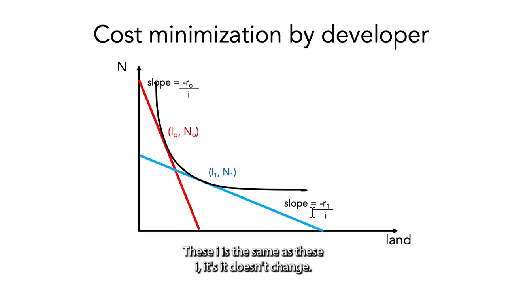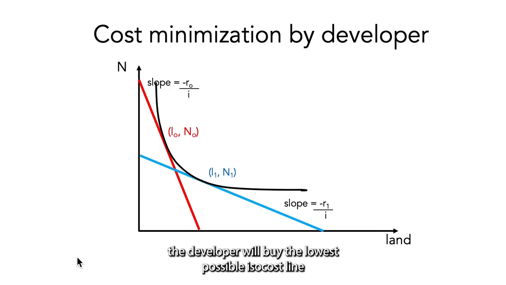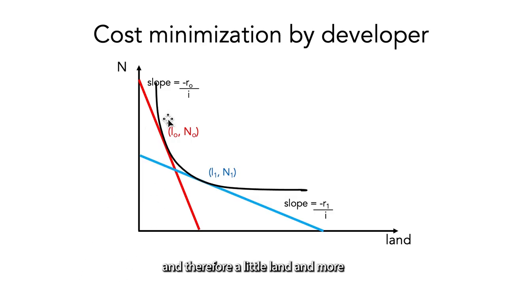This I is the same as this I. It doesn't change, but what changes is the R. So this R0 is high, so this slope is steep. To produce 150,000 square feet as cheaply as possible, the developer will buy the lowest possible isocost line, and therefore a little land and more capital would go a longer way.